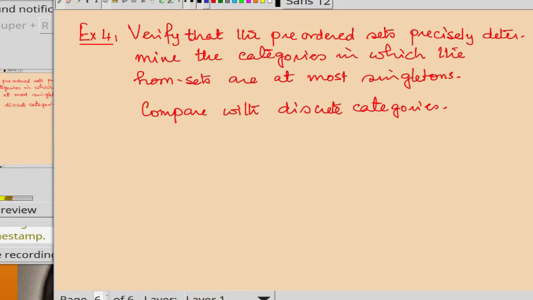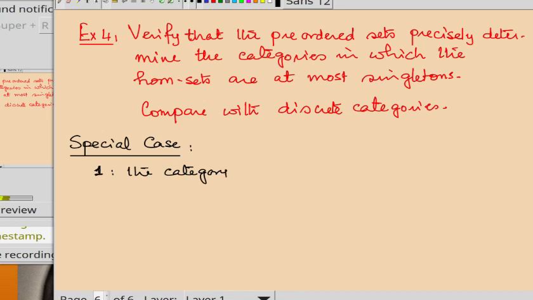As a special case, so we have the category 1, it is a category with one object and one morphism. The category 2, which is just this.